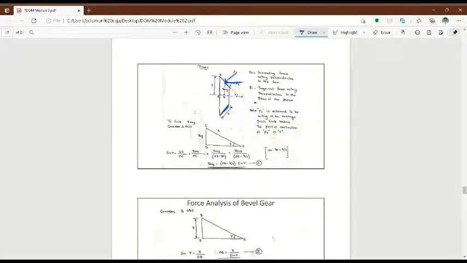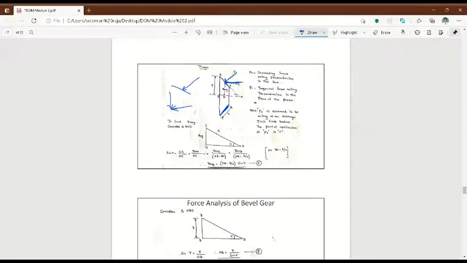Now this separating force is inclined. So I can split this separating force into two components, horizontal and vertical.